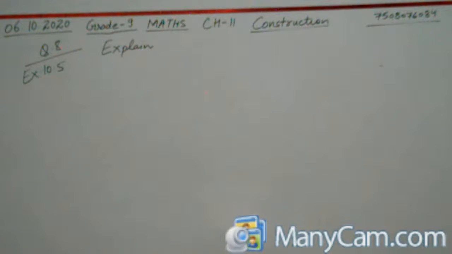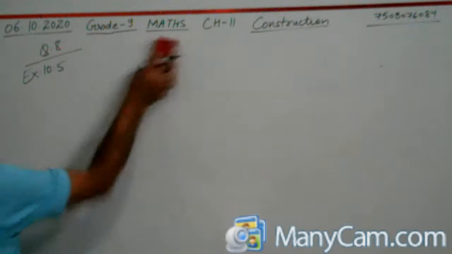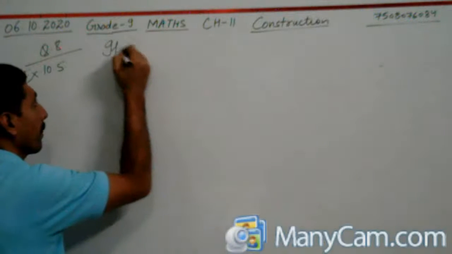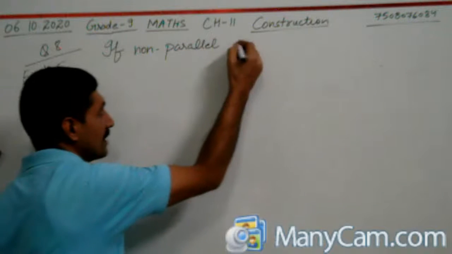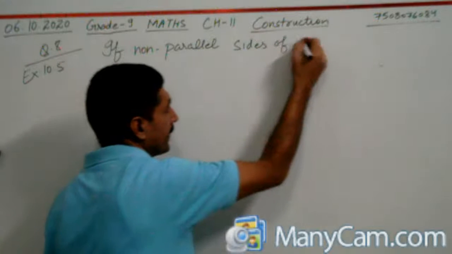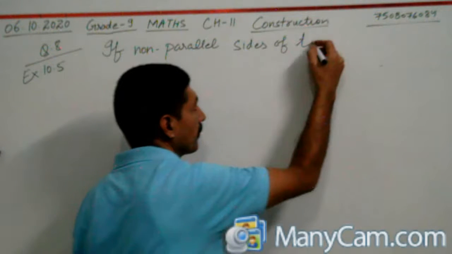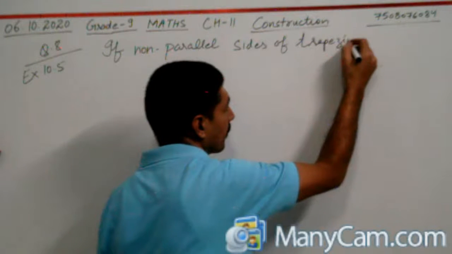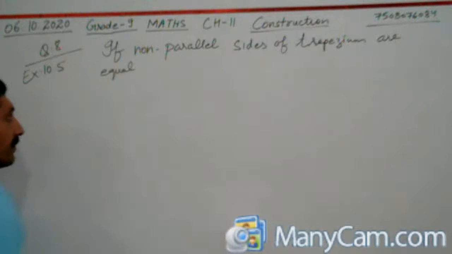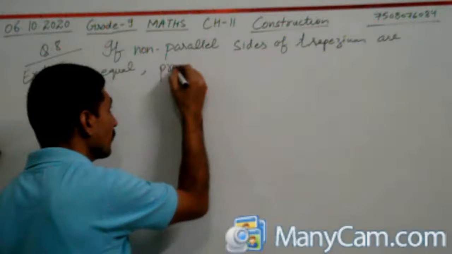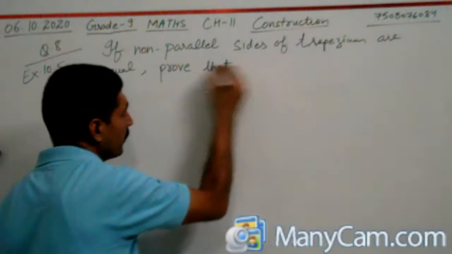The question is: if the non-parallel sides of the trapezium are equal, prove that it is cyclic.